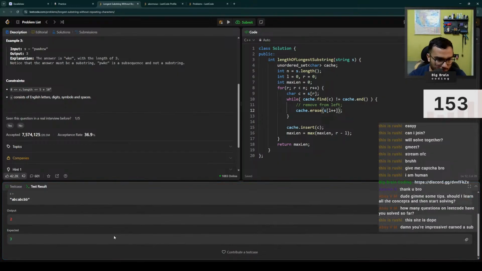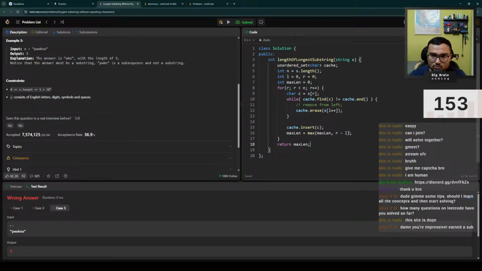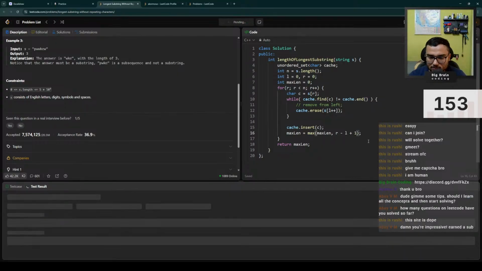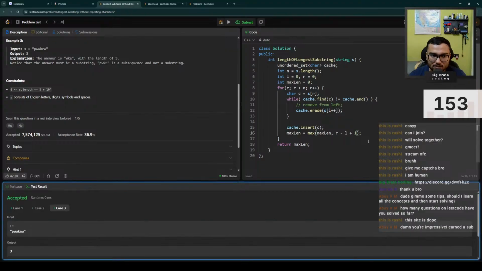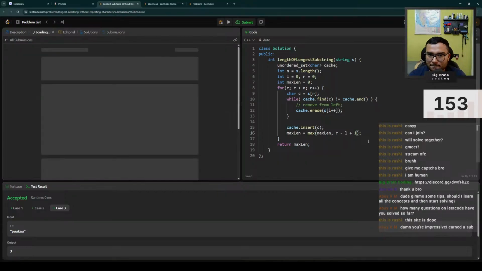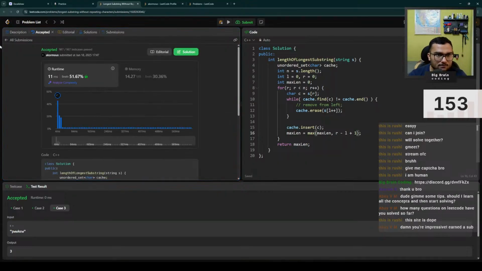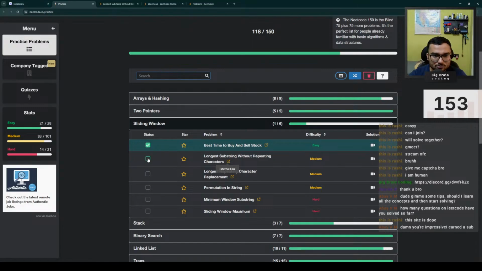Okay, pretty bad. Oh, I need to just do +1 here? Yes, because L and R both are inclusive, that's why. Okay, pretty good, pretty good.